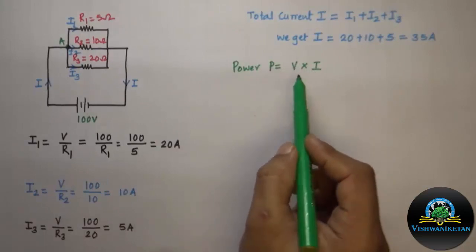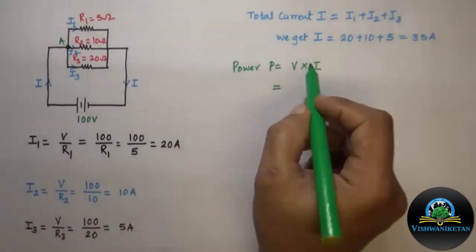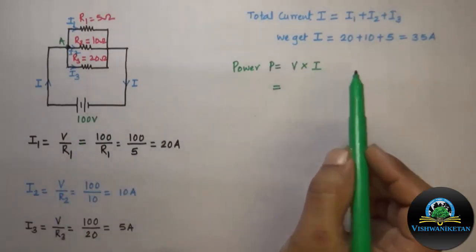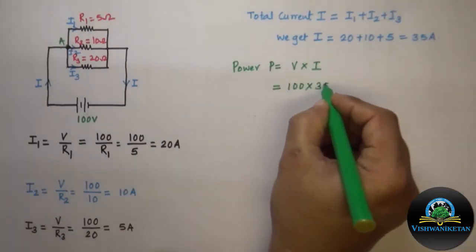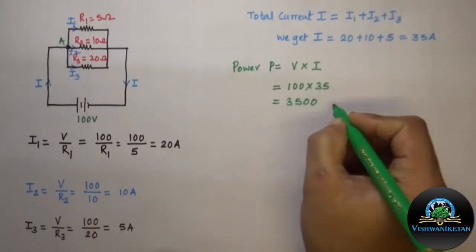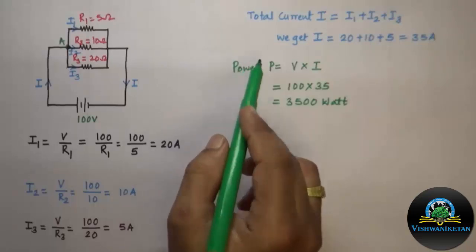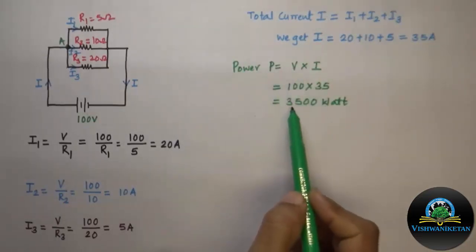If you substitute the values of V and I, we will get the power. The total voltage is 100 volt and the total current we just calculated is 35 ampere. 100 multiplied by 35 is 3500 watt. Watt is the unit of power. Hence, the power drawn from the circuit is 3500 watt.